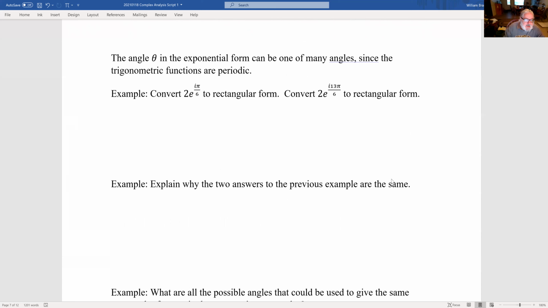So 2e to the i pi over 6 is 2 times cosine pi over 6 plus i sine pi over 6. And what is that equal to? Well, you have to remember your 30, 60, 90 triangle.